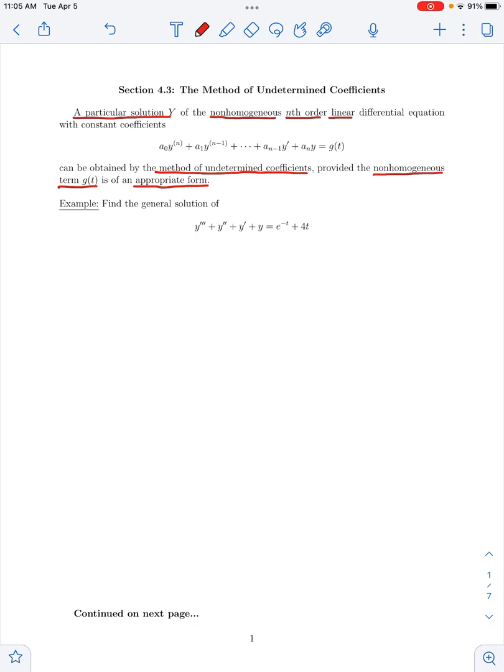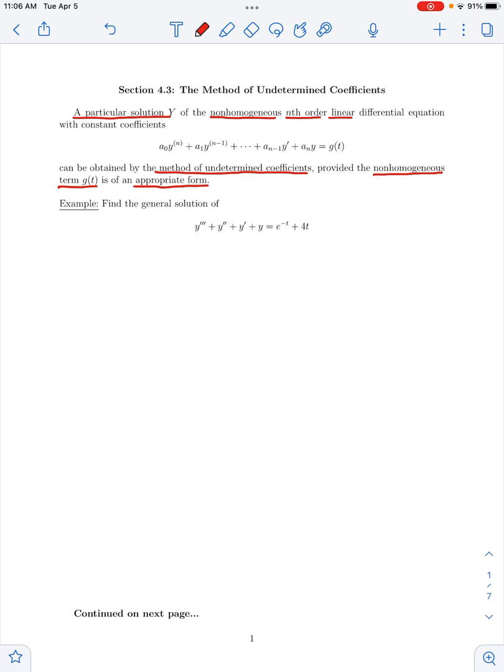So just like we saw in chapter 3, when we talked about the method of undetermined coefficients for second-order equations, we need to determine the form of our particular solution. And the way that we determine the form is by looking at the form of g of t.